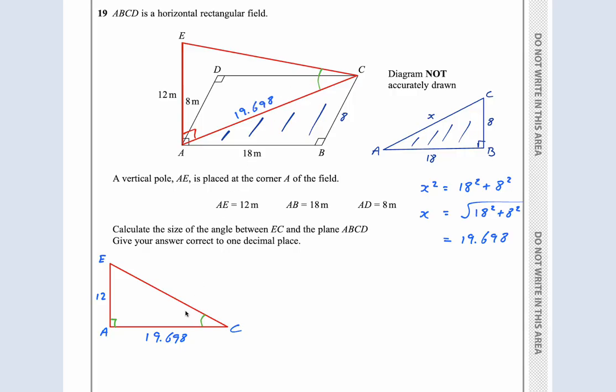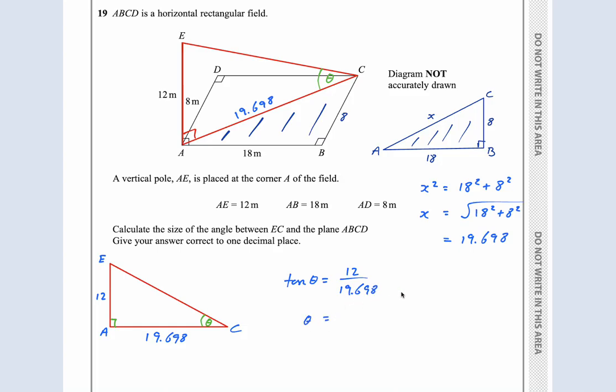Okay, and now I have, let's just call this angle theta, guys. I have this side and this side. It's a right angle triangle. I can find the angle using TOA, opposite adjacent. So I can say the tan of theta is opposite over adjacent, 12 over 19.698.